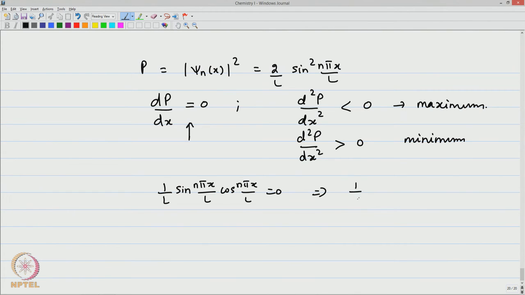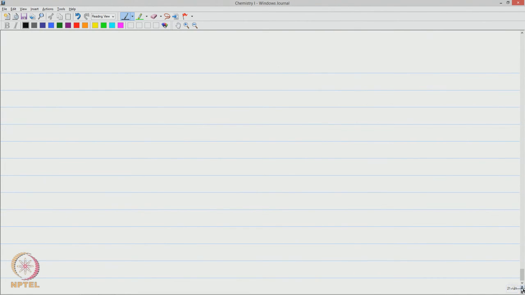This is 1 by 2 L sine 2 n pi x by L. So, you can see immediately that for n equal to 1, the maximum is at x equal to L by 2, and if it is n equal to 2, the maximum happens at L by 4 and 3 L by 4, because for n equal to 2, the probability density goes like this.